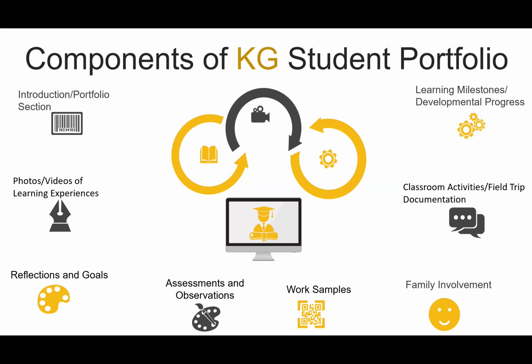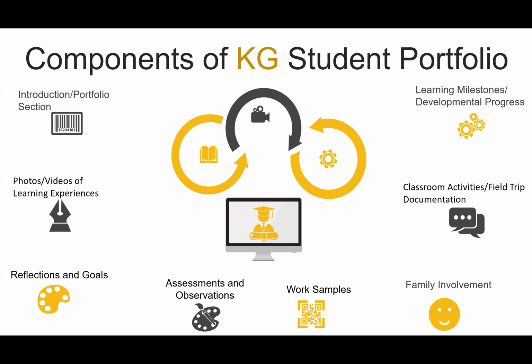The other developmental growth part is the social emotional. In this one, we need to document how the child interacts with peers and teachers, how they are developing their abilities to share, communicate, express emotions, and resolve conflicts.